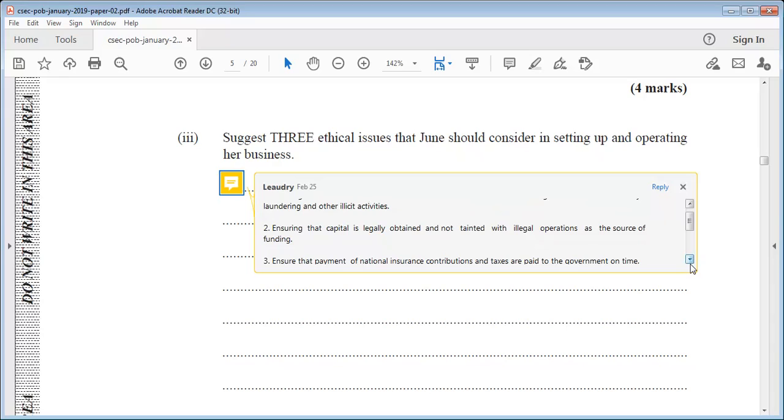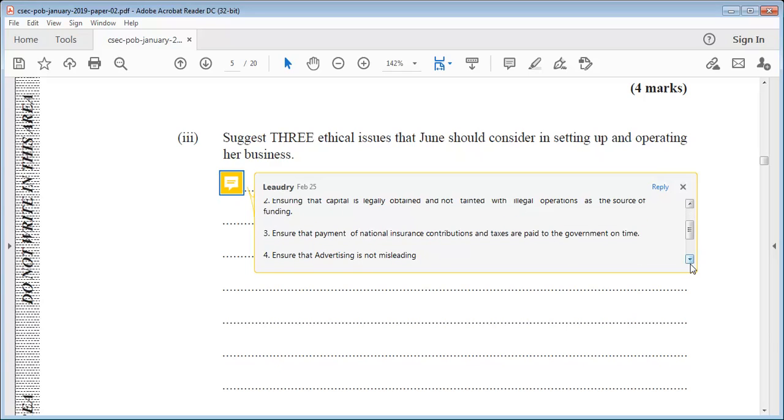Another ethical issue, she should ensure that capital is legally obtained and not tainted with illegal operations as the source of funding.